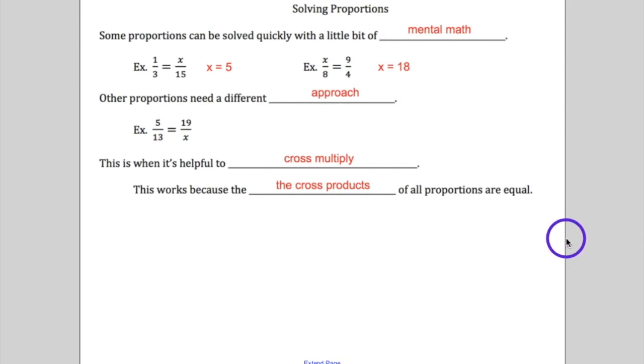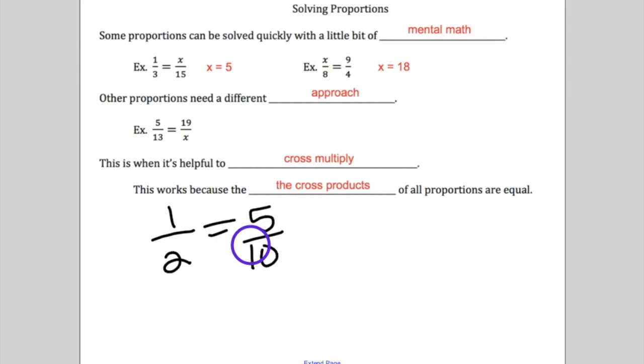So let's say that I had 1/2, a very basic fraction. 1/2 is equal to 5 over 10. If you looked at the cross products here, I'd hope you would agree with me that 1/2 does indeed equal 5 over 10.